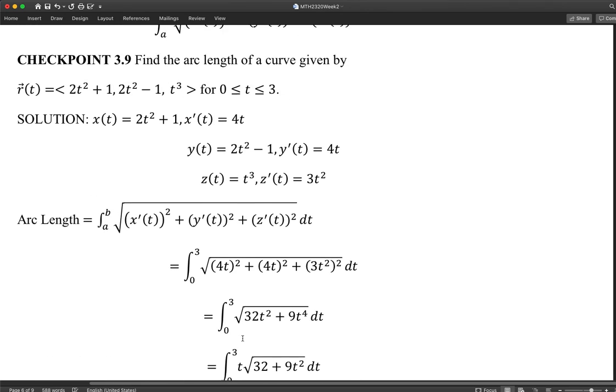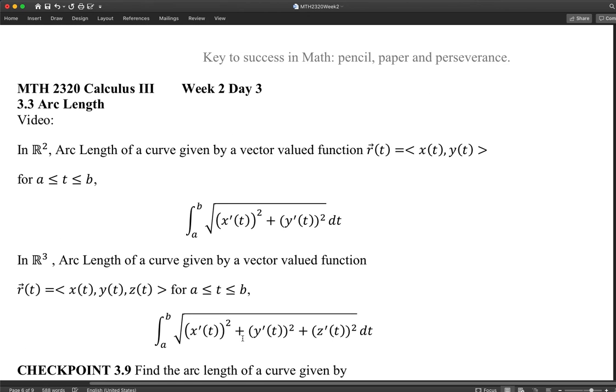So for section 3.3 about arc length, you can say there are two formulas. One is for the two-dimensional case, the other is for the three-dimensional case. But they are really the same. I hope you see that.